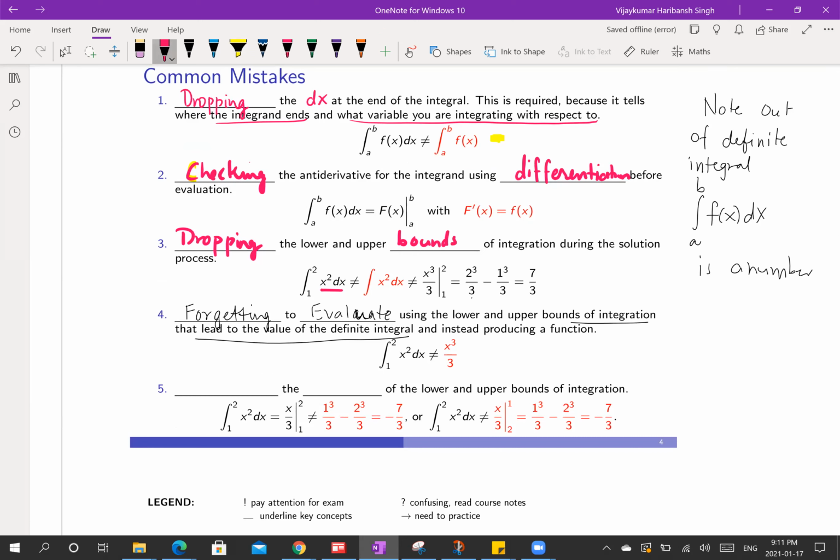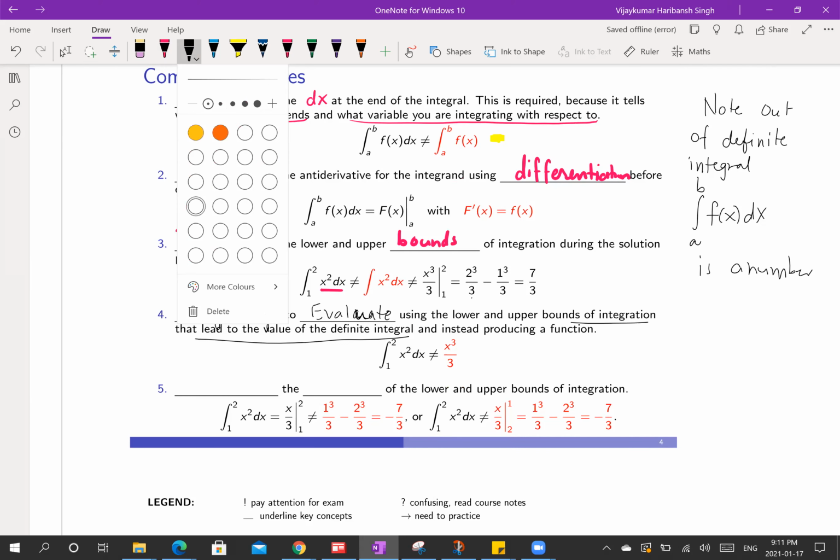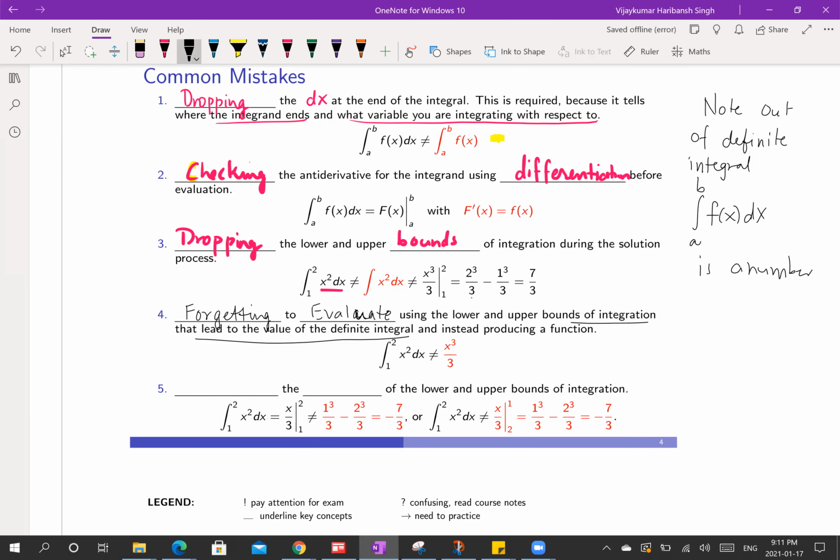Another common mistake is switching the order of the lower bound and the upper bound of integration. For example, the integral from 1 to 2 of x squared dx is not the same as the integral from 2 to 1.